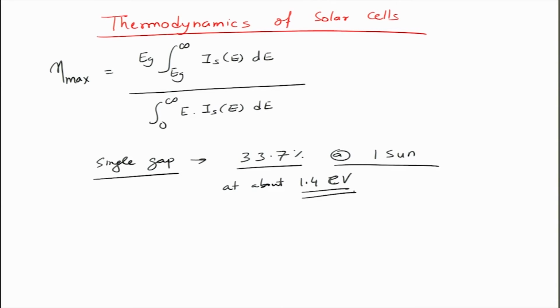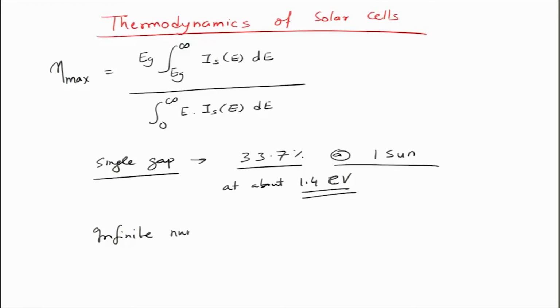However, if you have an infinite number of gaps, which means you are able to use an infinite number of materials with infinite number of gaps, you are able to absorb every wavelength that comes across, because a single gap is going to have a limit. It is not going to be able to absorb anything below the band gap. So, there is going to be a cutoff wavelength.